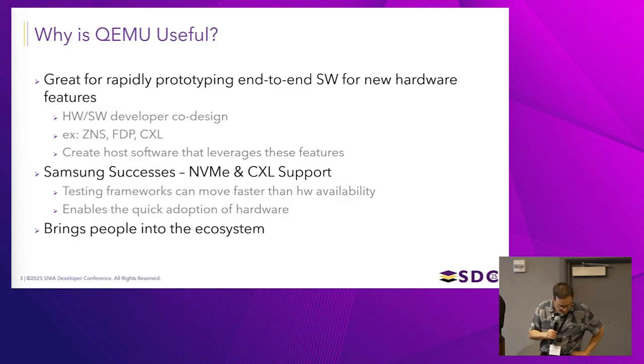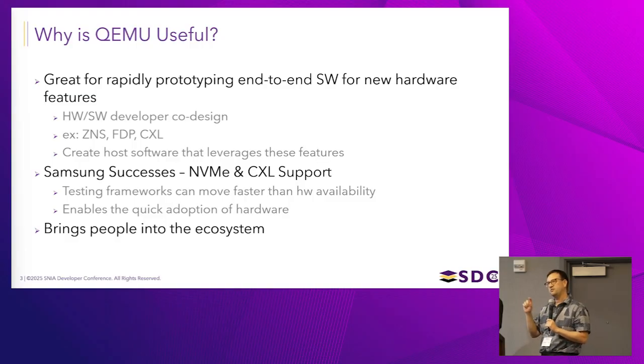The last thing I want to talk about is why QEMU has been so useful for us at Samsung. The main reason is that it helps us prototype end-to-end software for new hardware features. I'm not as focused on purely the performance aspects here with QEMU. What we've really focused on is the interface.